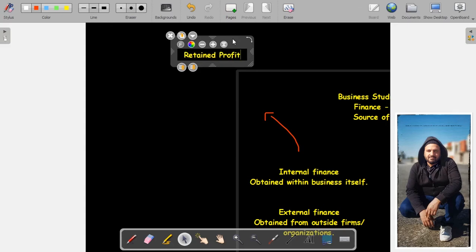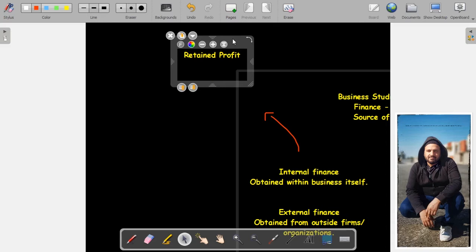The idea is that the company will use part of the profit of the business, not all of it, of course. This profit is separate from the share of the owners. After the owners take their share, what is left from the profit will be injected into the business again as capital.